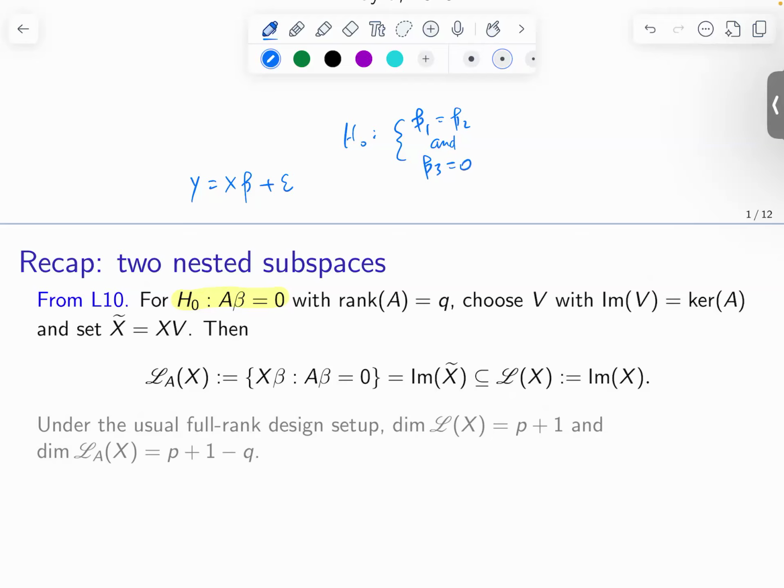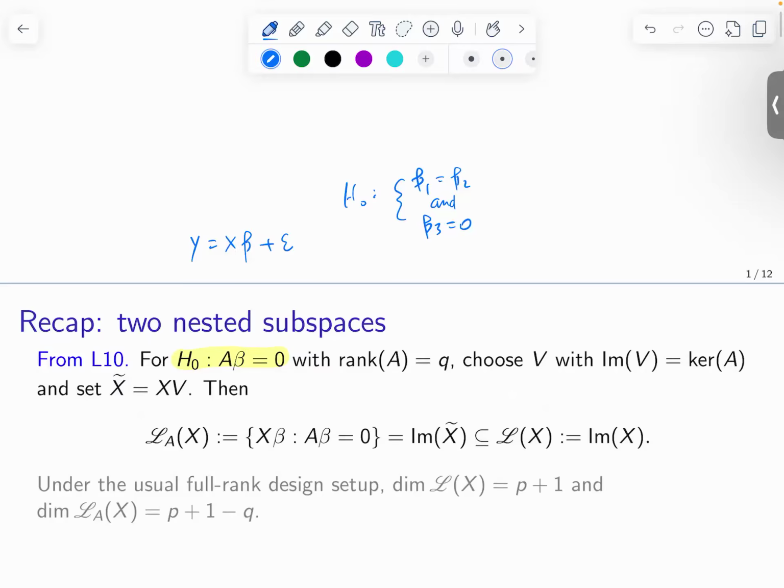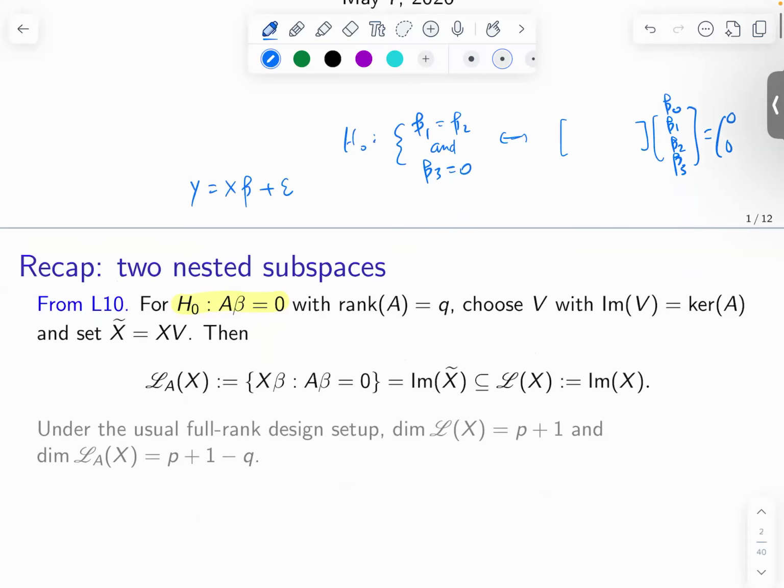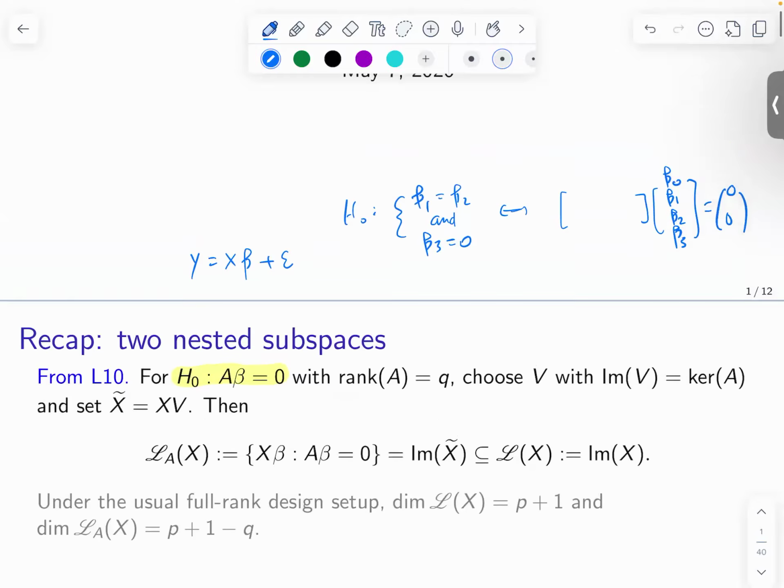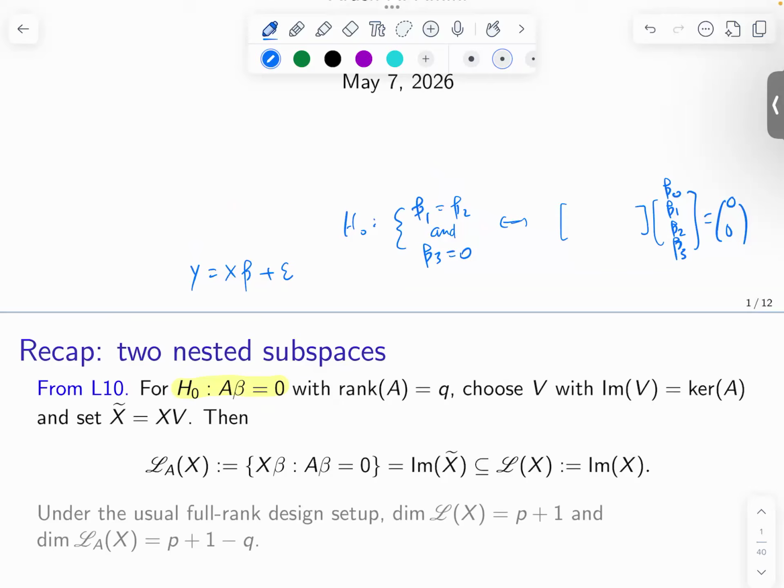What we argued is that we can try to enforce this set of conditions equivalently as a matrix. Let's say we have four coordinates or four parameters like this, or you can write it in a dual form.